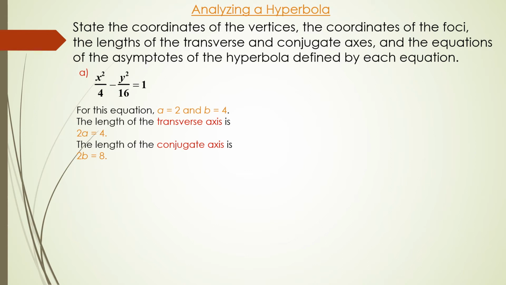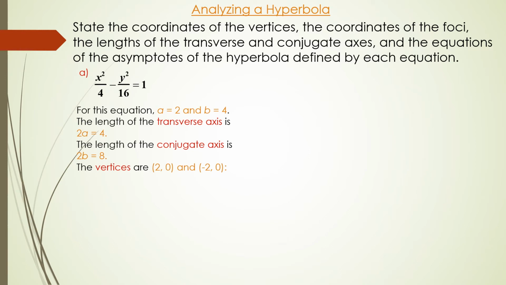Not all cases have the transverse axis longer. It depends. In most cases the transverse axis is longer, but there are also cases wherein the conjugate axis is longer than the transverse axis. Okay, I hope that clears my point. That clears the idea already.